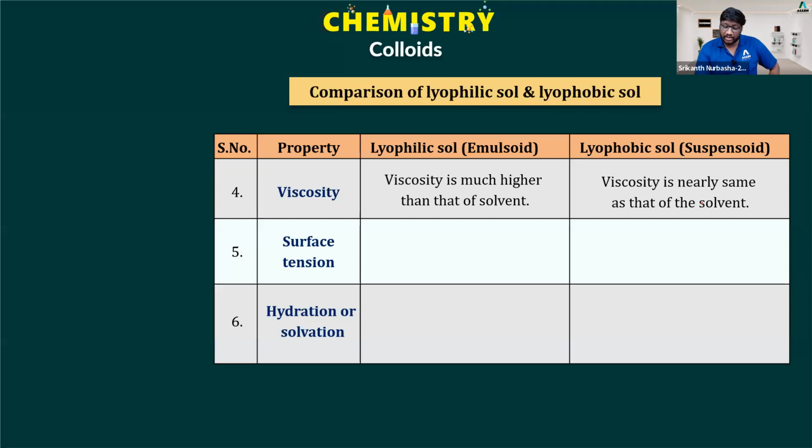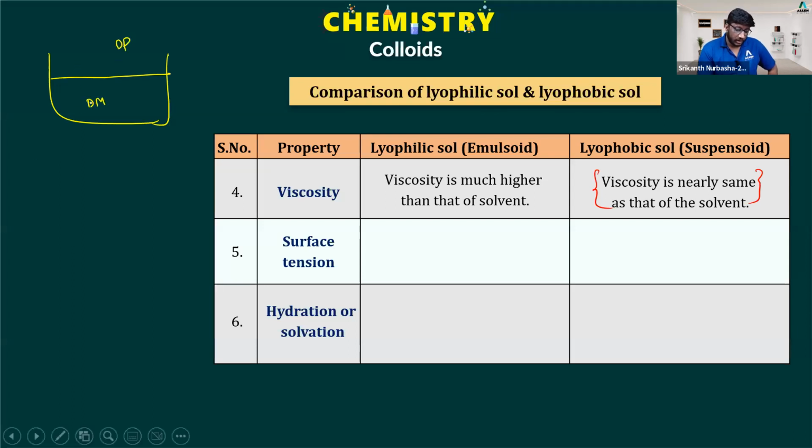For lyophobic sol, viscosity is nearly the same as that of the solvent. Why? Think of a lyophobic sol, like we have water and we are preparing gold sol. We have the dispersion medium and the dispersed phase added. This dispersed phase tries to separate out from the dispersion medium, because there was no affinity, there was repulsion between dispersed phase and dispersion medium.